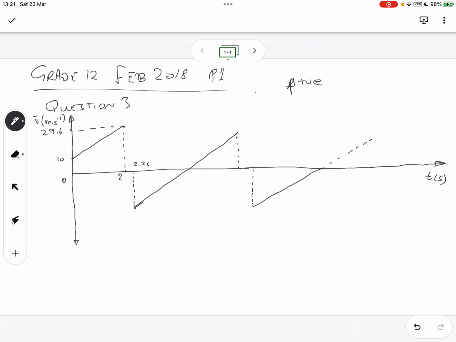Then at velocity equals 0, that's when we have maximum height.